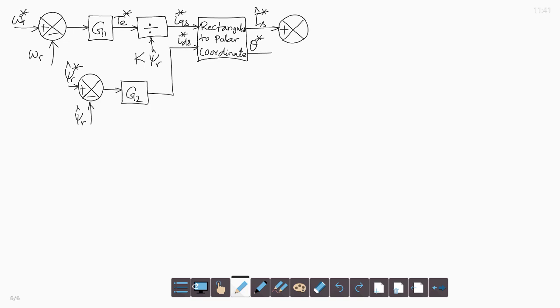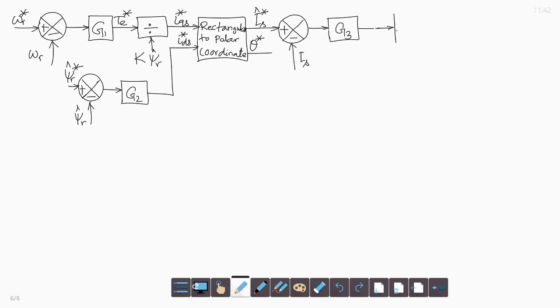Then we have the stator current IS feedback, which is subtracted from the reference current IS star, and the error of the stator current goes through a current controller whose gain is say G3.